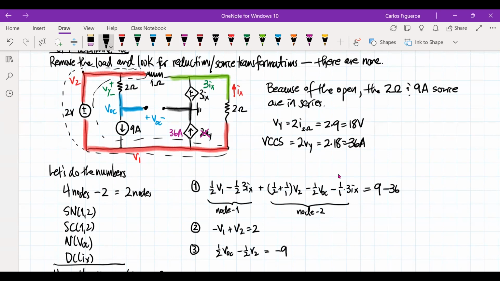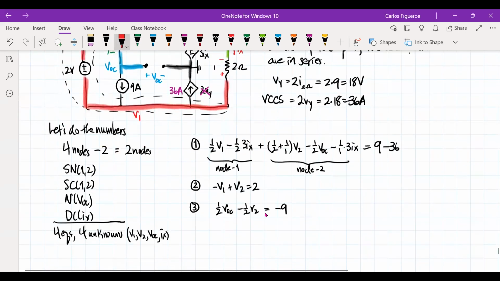And then finally, I need IX here. So my DC here is defining IX, but you could see that the polarity of this guy should be what? Plus and minus, so it should be V1 minus 3IX equals 2IX. So if I look at this guy, it really looks like this. So that's going to be V1 minus 3IX.